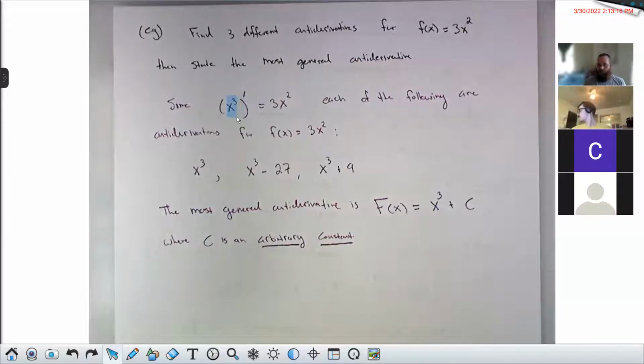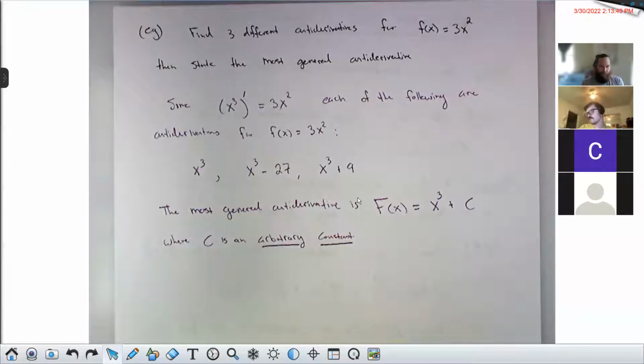Because once we know the x cubed, it's like, okay, just write plus c after that. I remember you wrote out the summary rules last class, where the derivative of x cubed goes to the 3x squared. I'm just confused as to what's the best way to organize finding these antiderivatives.